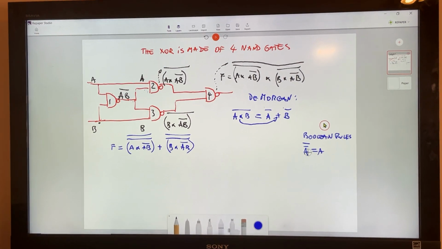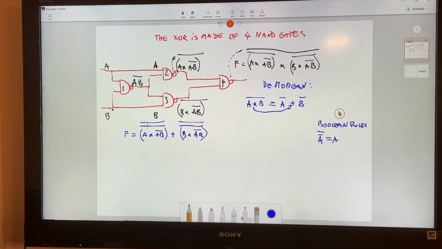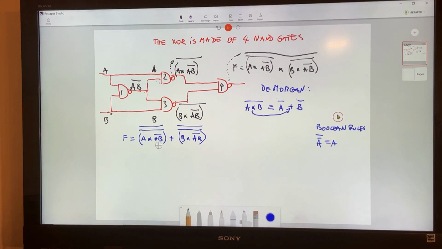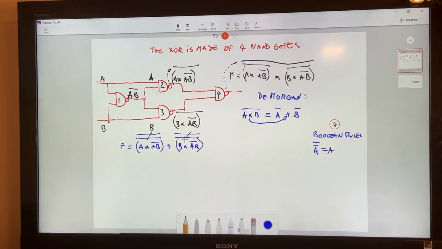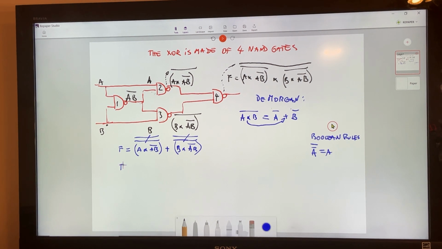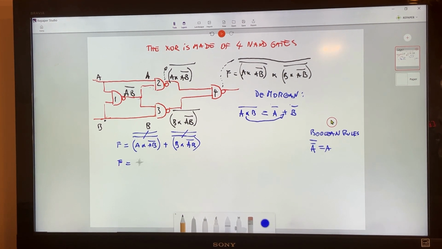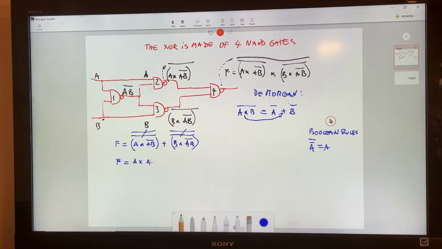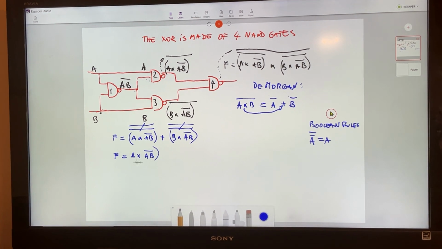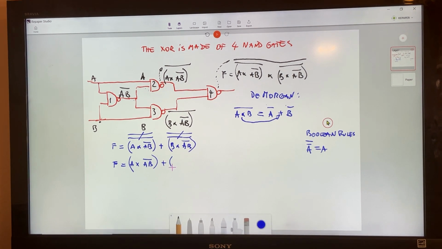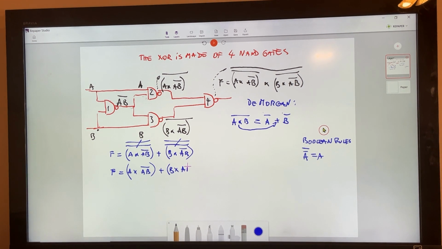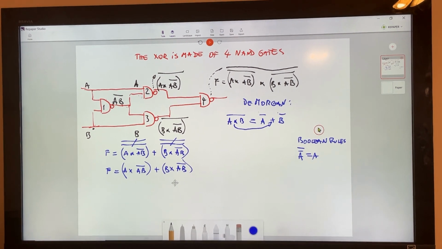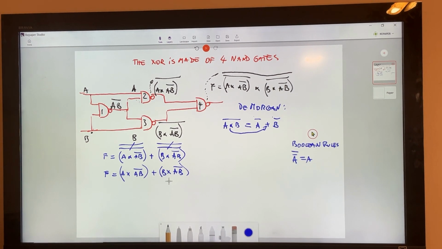So it's A. Whatever expression we have right here with two bars in the top, they cancel each other out. So these ones disappear. These ones disappear. So the new expression of the function is going to be A times AB with a bar, and all that plus B times AB with a bar. It's already looking simpler than the original one.